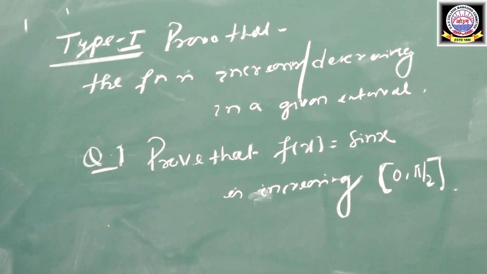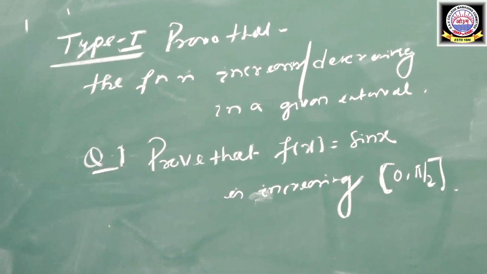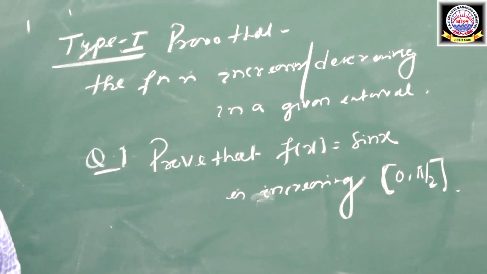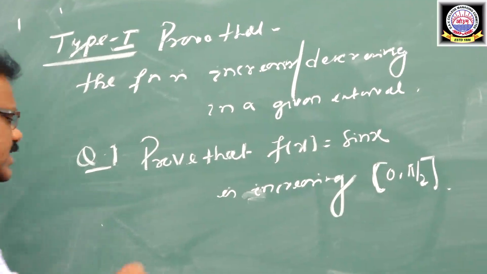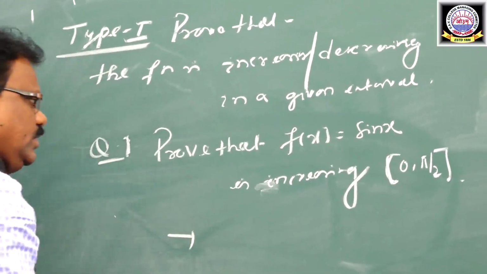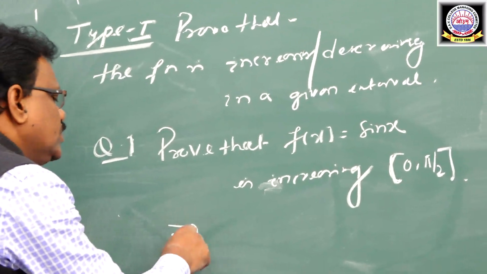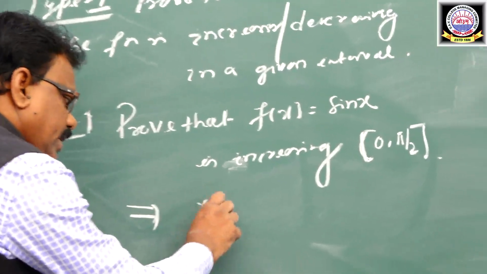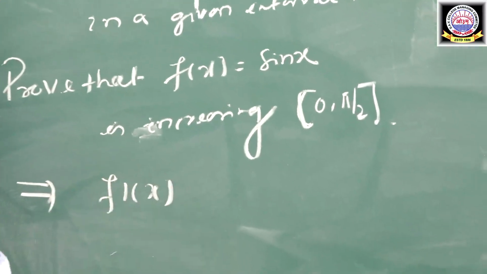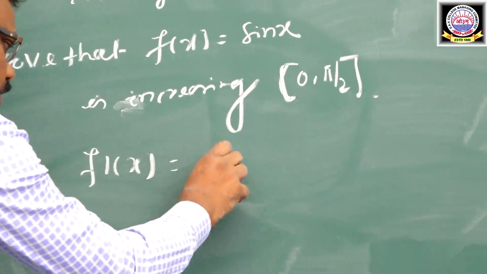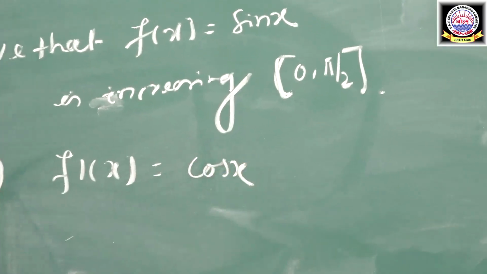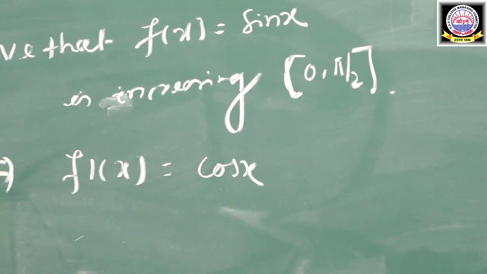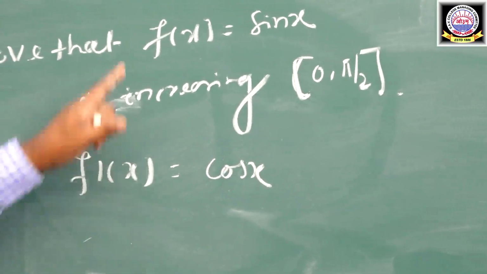It is increasing in 0 to pi by 2. Very simple, because as I already told, whatever function is given, first you find the derivative f dash x. So, f dash x is equal to cos x. It is only a one mark question.